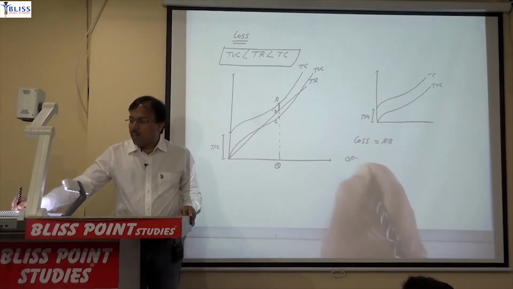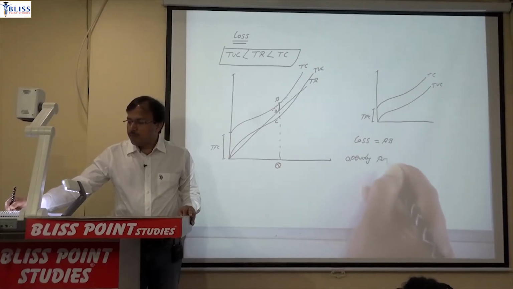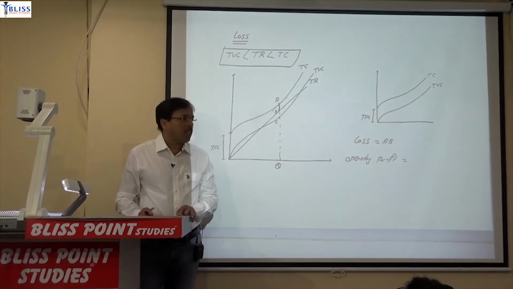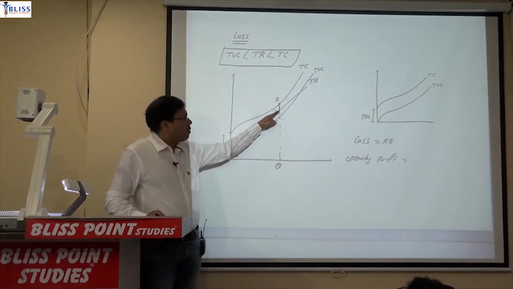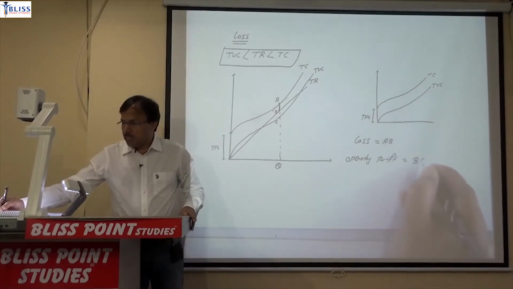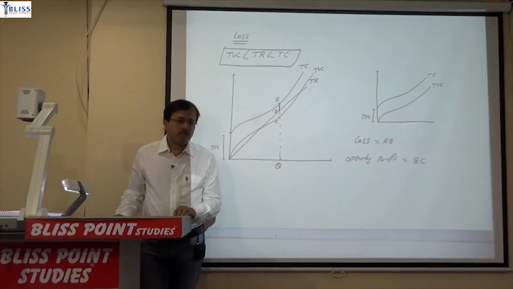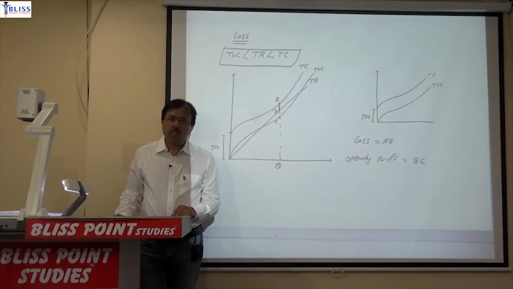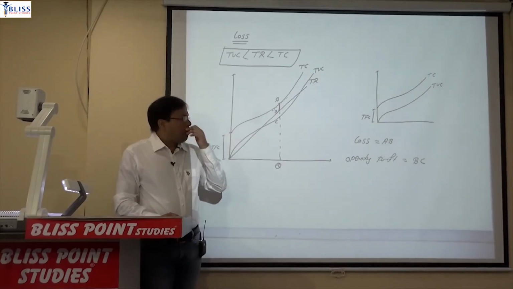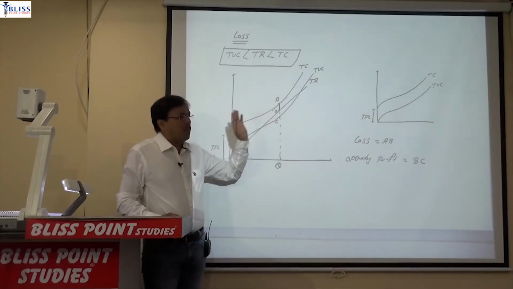But if I ask how much is operating profit? Operating profit is TR minus TVC, so TR minus TVC will be BC. ठीक है. So operating profit is positive, therefore the firm is operating.